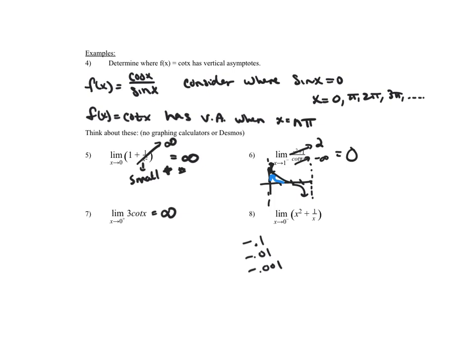If we were to plug these in for x, then the x squared would make these positive, but even smaller. So we're essentially approaching 0 here, plus 1 divided by a really, really small negative number. And so that means that we're approaching negative infinity for that term. 0 plus negative infinity is still negative infinity.